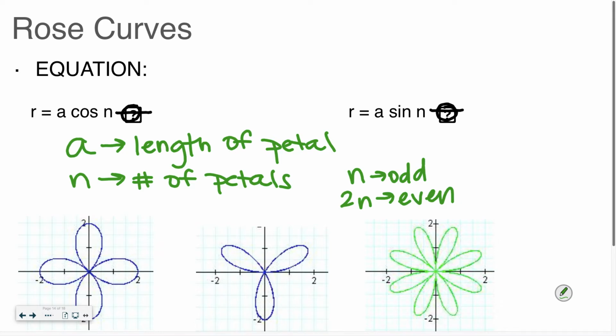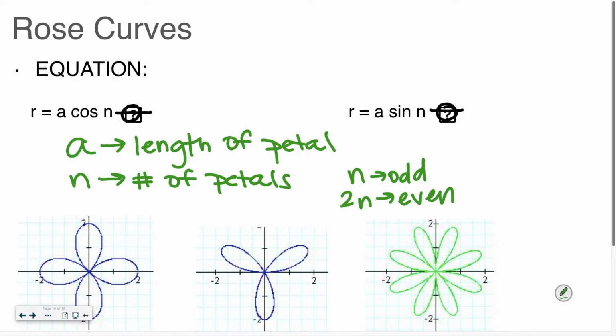Since it's cosine, it will also have horizontal symmetry. Now, the sine of 0 is 0. So when you have a rose curve with sine, it will always begin at the pole, which means your first petal will appear in the first quadrant. You will always have vertical symmetry. Sometimes you have curves that have both, and that's fine. But sine is guaranteed vertical symmetry, and your first petal will be somewhere in the first quadrant, not on the axis. Those are the big differences.